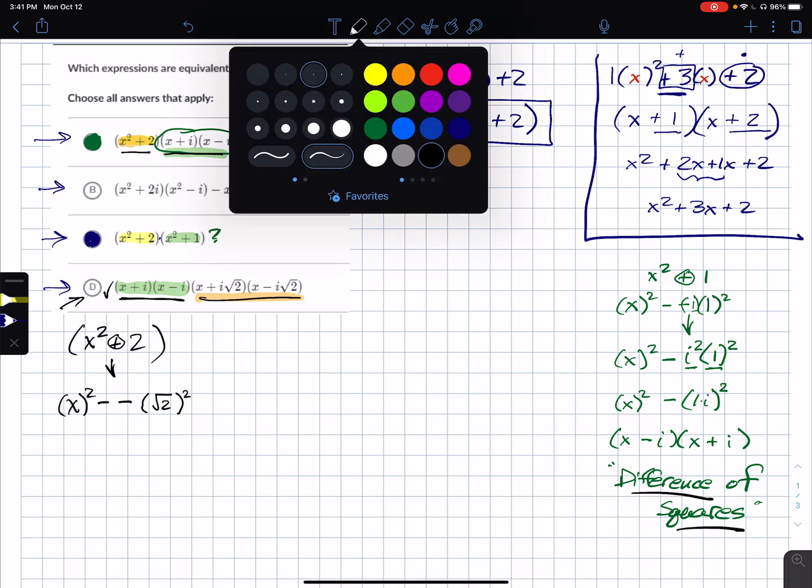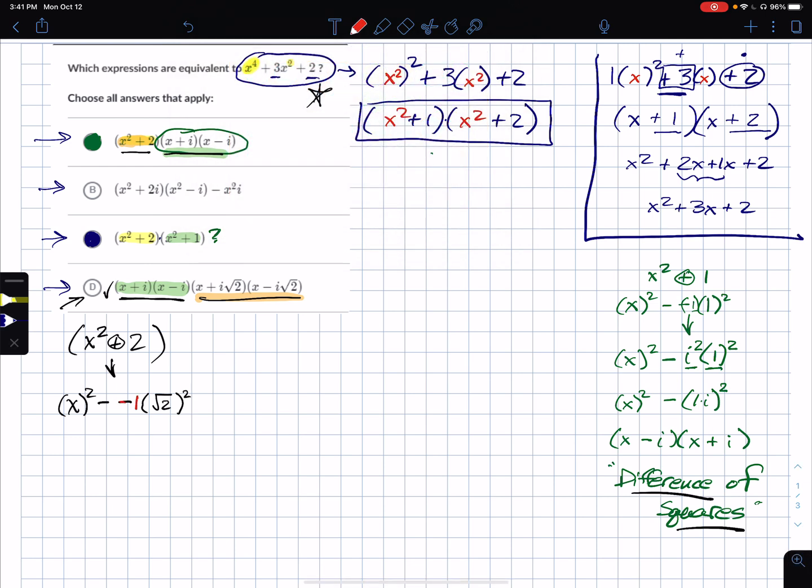Now I go after that negative phantom 1 closest to it, and I substitute in i squared. We are trying to get this last term here with the i unified under that one layer of squared operation. And so we've done that. So i squared times root 2 squared.